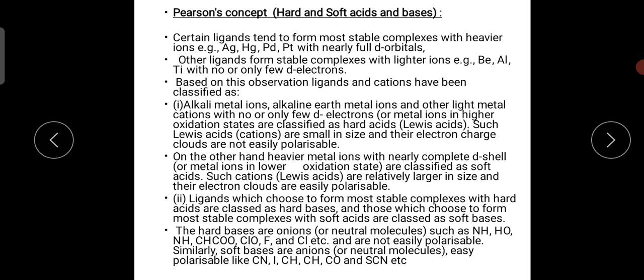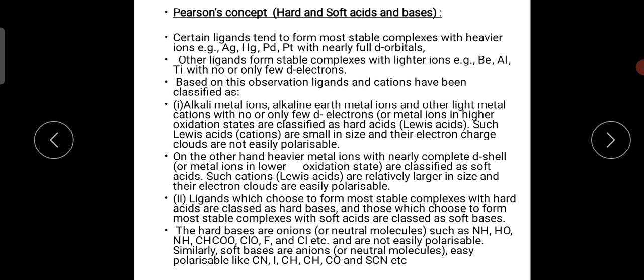Likewise, ligands also form stable complexes with lighter ions. Examples are barium, aluminium, tin, etc. But they do not have many d orbitals. Sometimes they have no d orbitals, sometimes a few d orbitals.